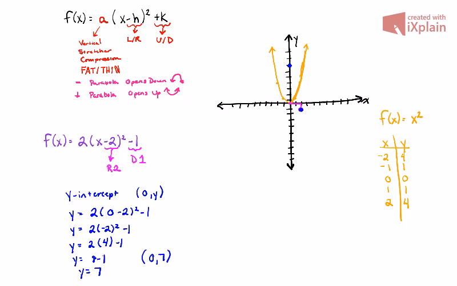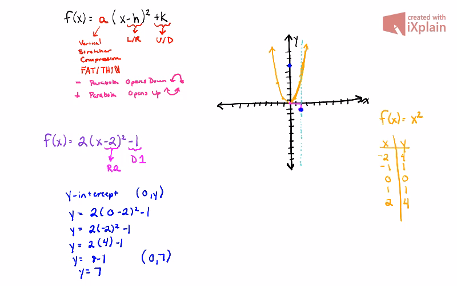This is actually all that I need in order to provide a rough sketch of the graph. The reason being is that the parabola is symmetrical. Right where the vertex is, not only is that where the parabola blooms, but that's also where you can fold the parabola in half.